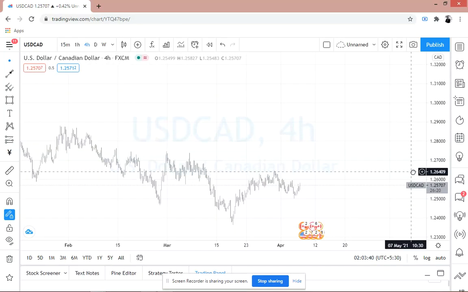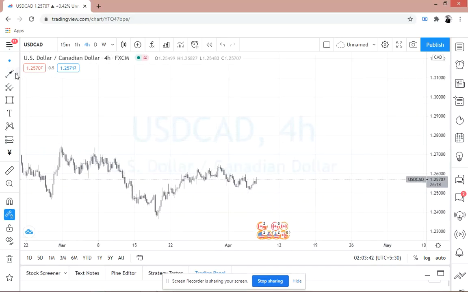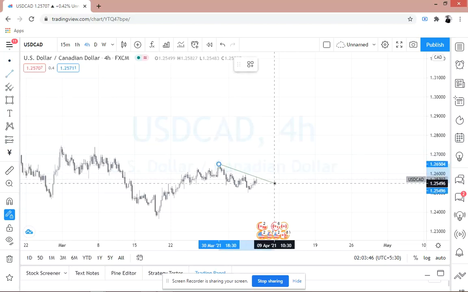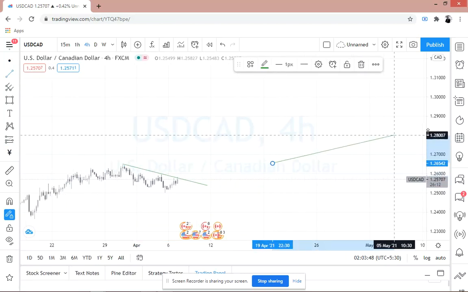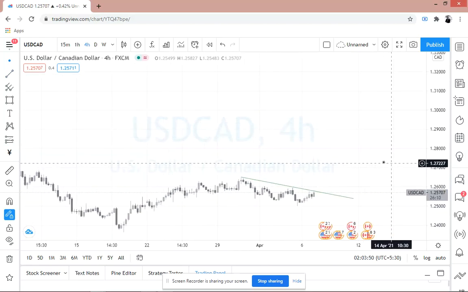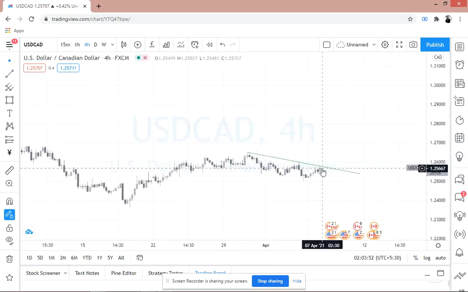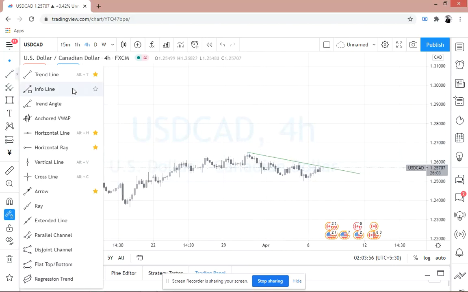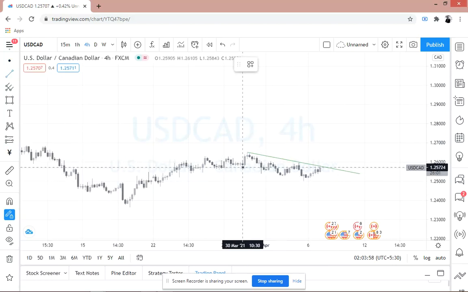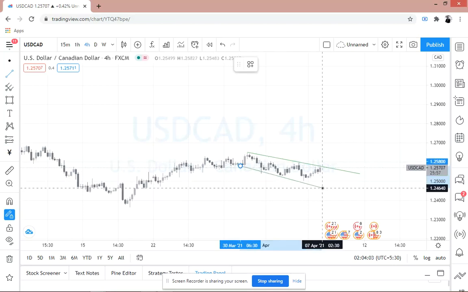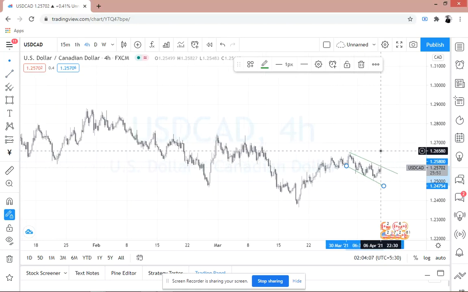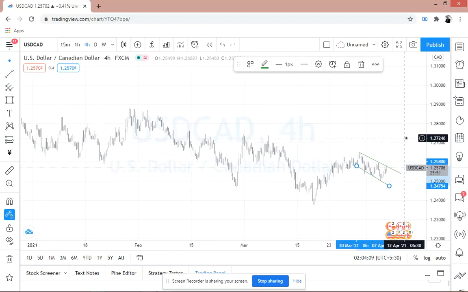Okay, the trend is down. The overall trend is down. USDCAD, the overall trend is down. But we have some sellers at this area. And we also have some buyers. And the trend also is still down.